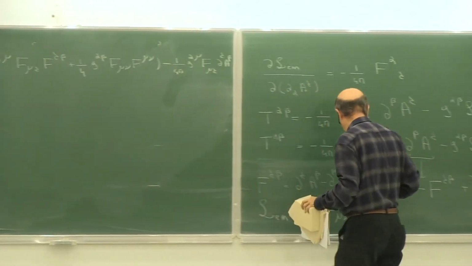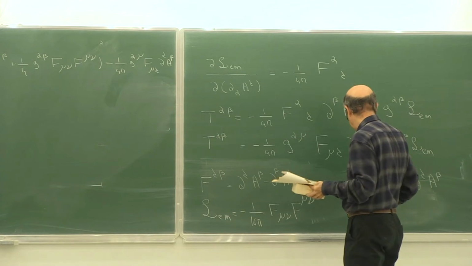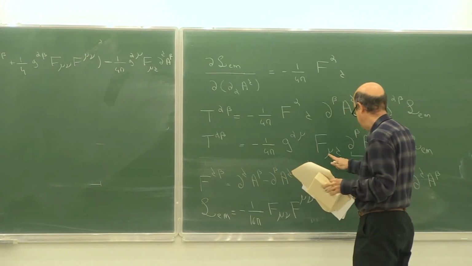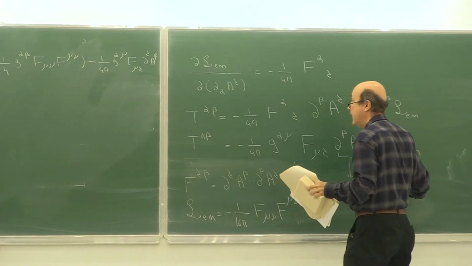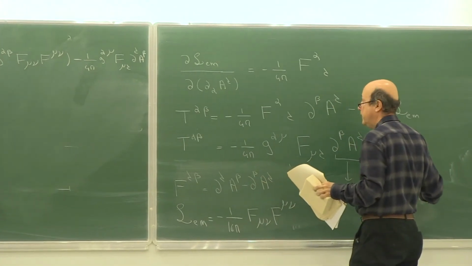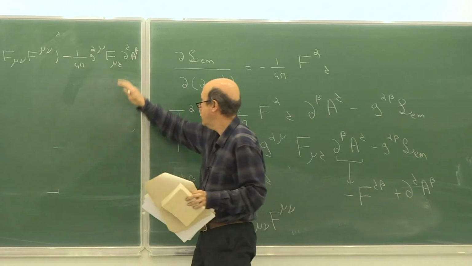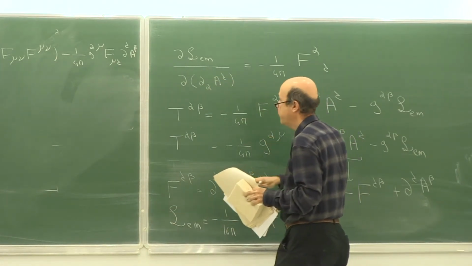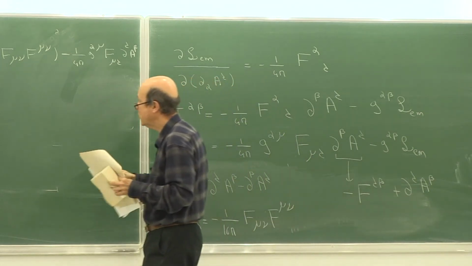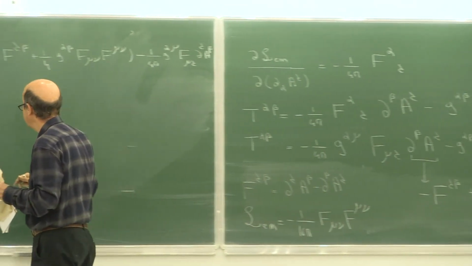The leftover term, where is the leftover term? F^{μλ} and ∂^λ A^β, this term. And how about the metric tensor? Alpha, mu. So let us look at the free indices.